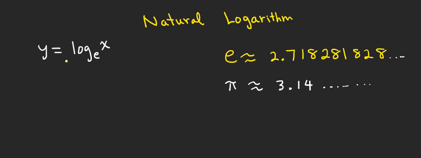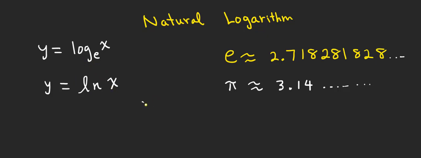Now, when we have y equals log of base e of x, instead of writing it like this, we just write it as y equals ln x. So this is a symbol for natural log of x. Again, when you see natural log of x, this is the same thing as log with base e.